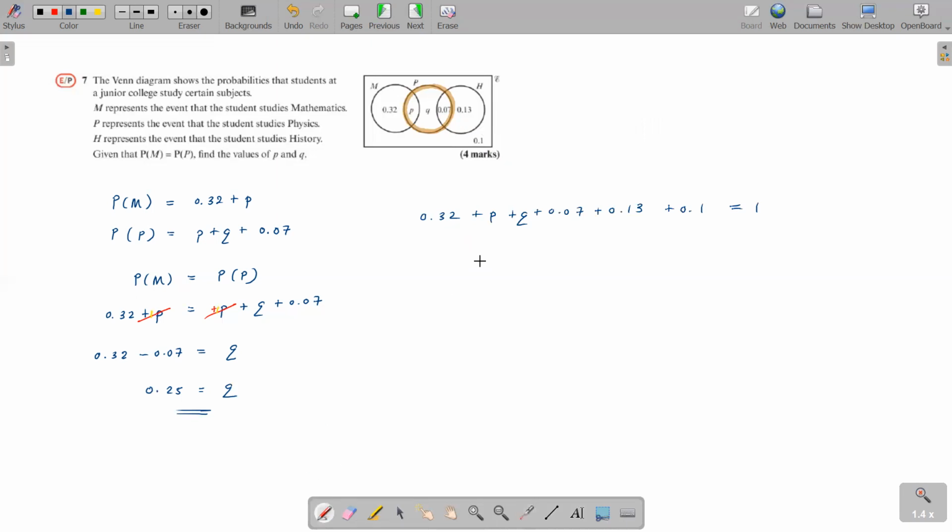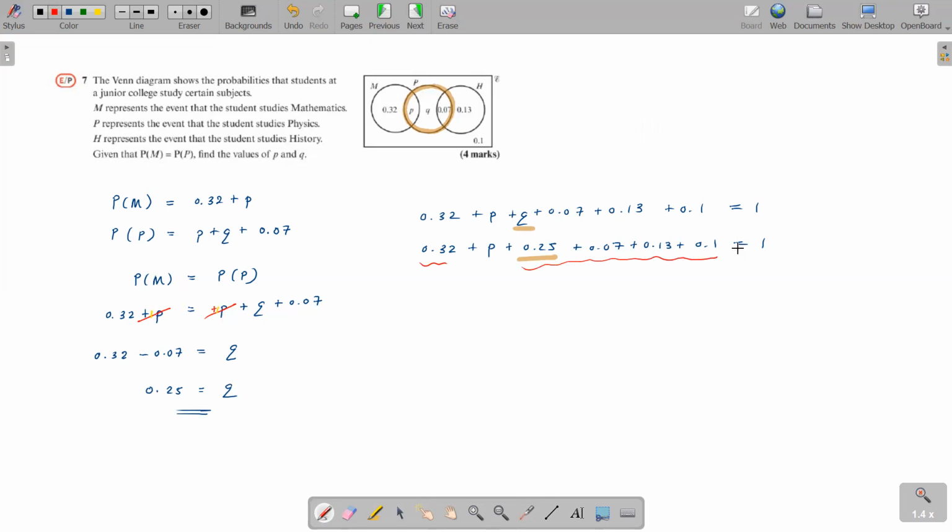So I already know the q value. The q value is 0.25. Can you all see? Okay, and now what do you do? Make p the subject. So add all of these.